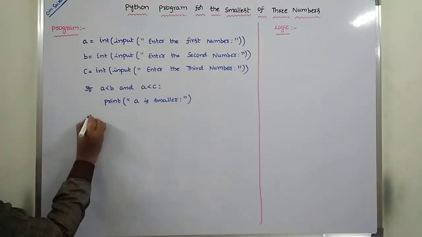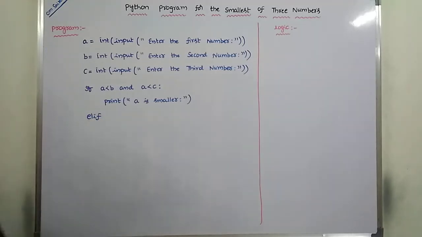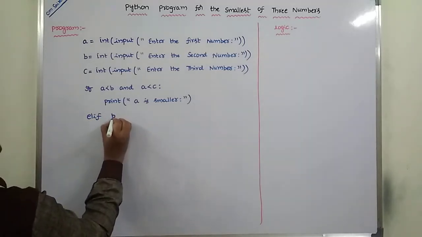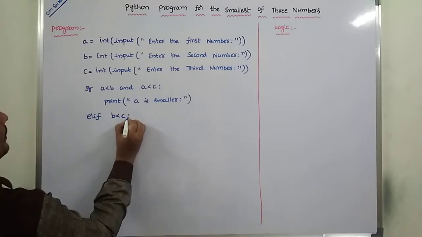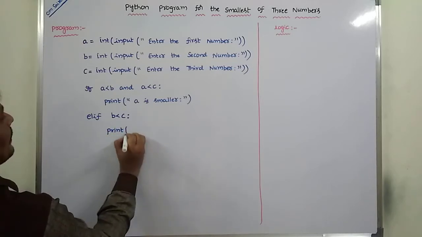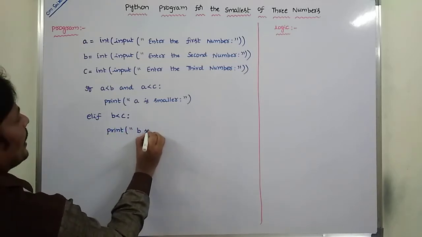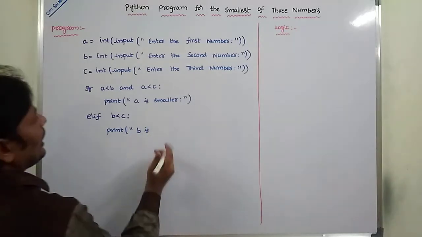Else if b less than c, colon, print "b is smaller".